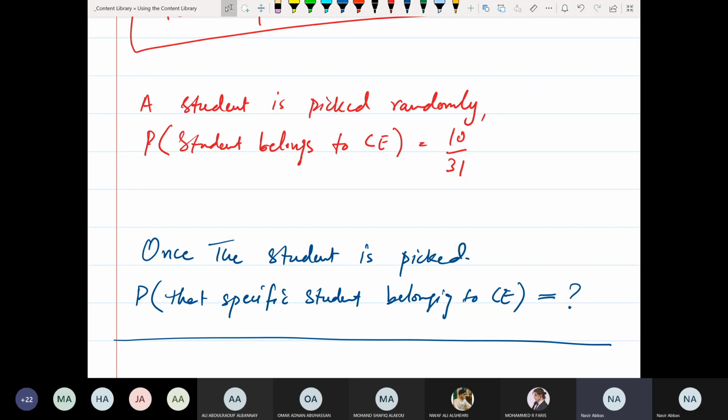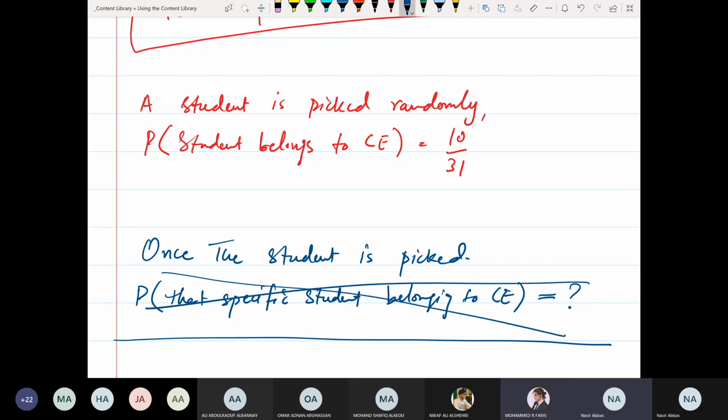So when there is no uncertainty, when things are certain, that means I picked the student and now I know the student is whether CE or not CE. There is no more uncertainty. So I will not talk in terms of probability anymore. Once the uncertainty is gone, probability is gone. So now Nawaf will either belong to CE or he will not belong to CE. The concept of probability is gone.